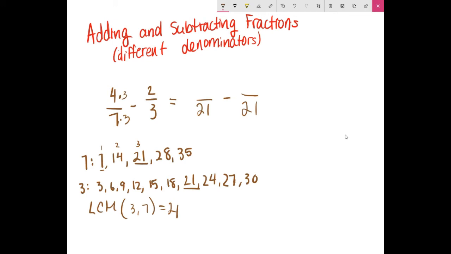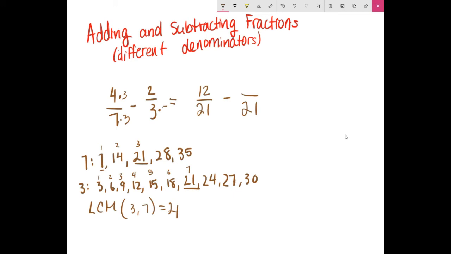4 times 3, that'll give us 12. Then we look at 3. What do we do to 3 to get to 21? Well, we look at 3, 6, 9, 12, 15, 18, 21. 21 is the seventh multiple of 3.